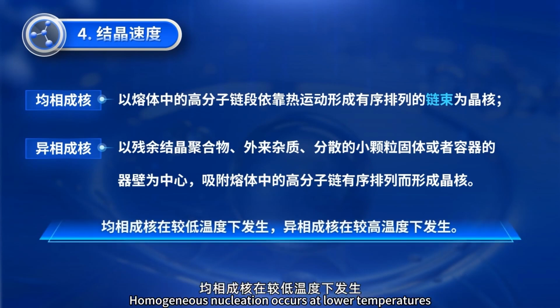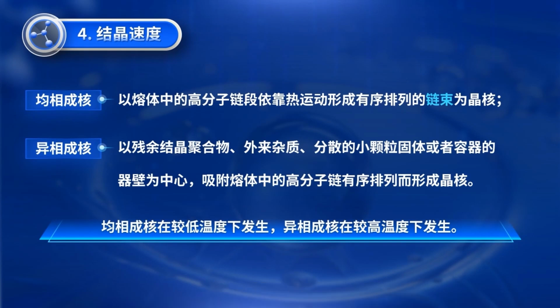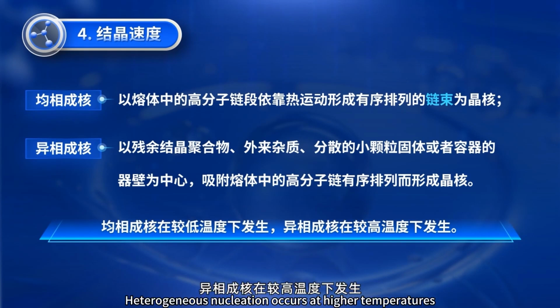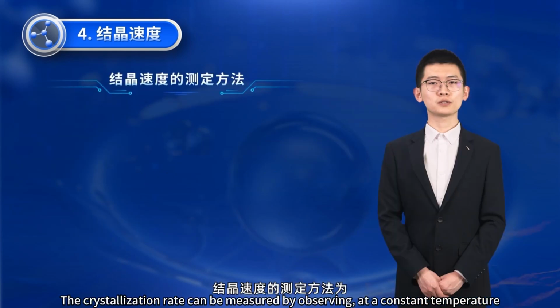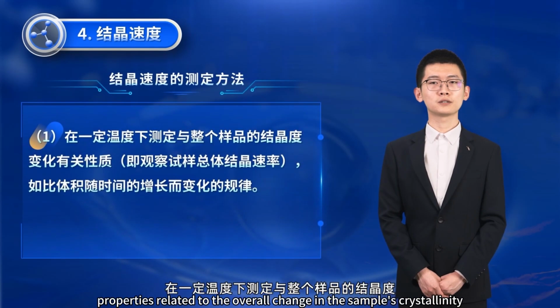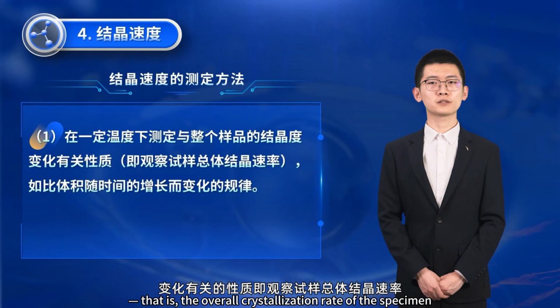Homogeneous nucleation occurs at lower temperatures. Heterogeneous nucleation occurs at higher temperatures. The crystallization rate can be measured by observing, at a constant temperature, properties related to the overall change in the sample's crystallinity, that is, the overall crystallization rate of the specimen.